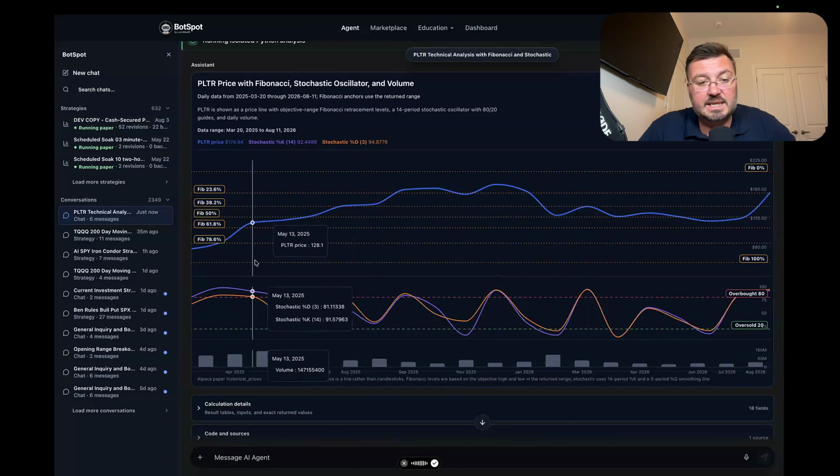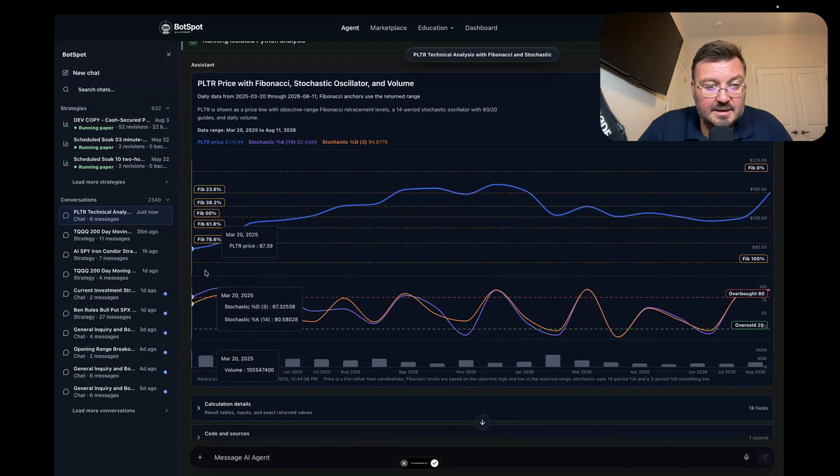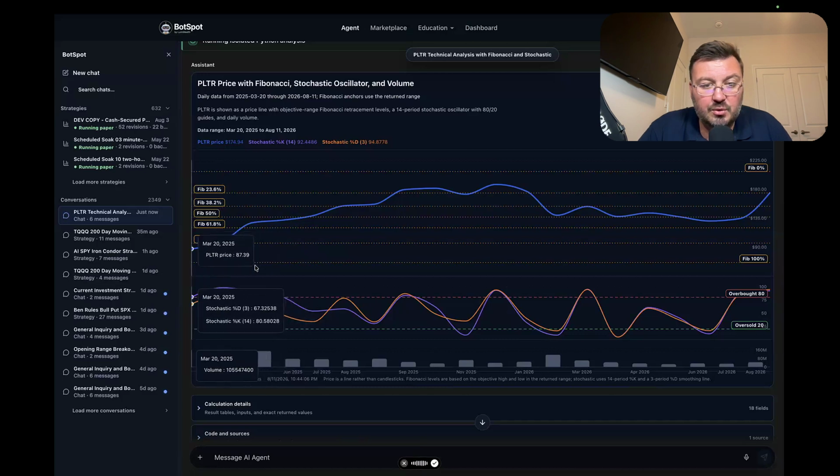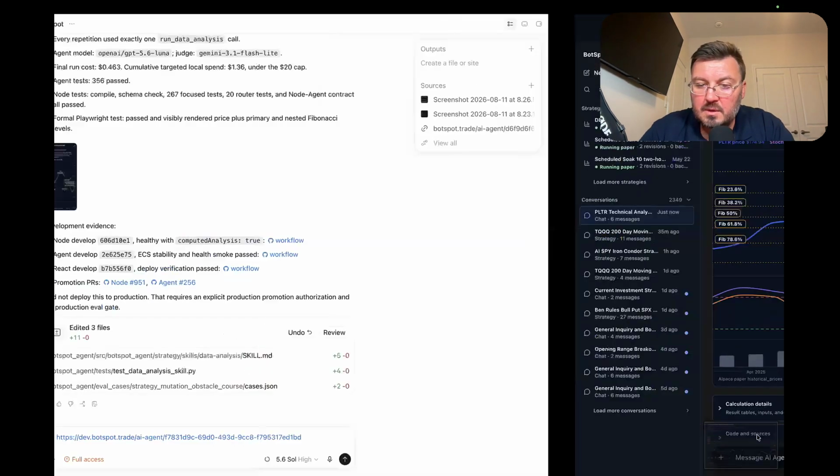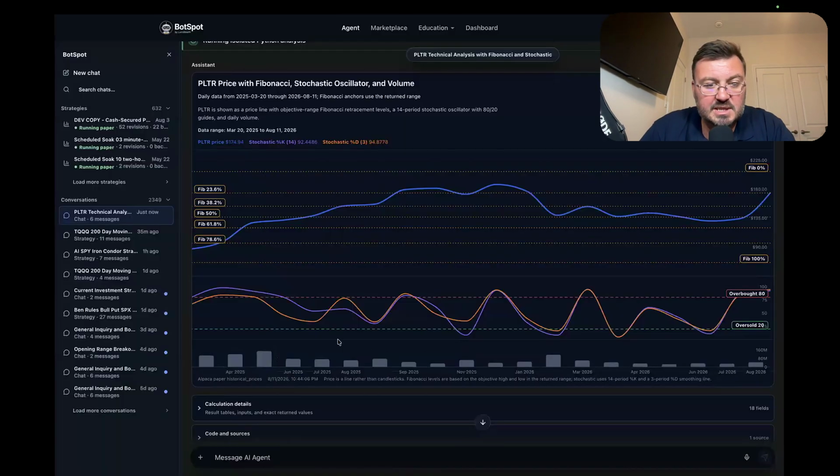Although there's one little detail here in that the volume is not lining up to the rest of the graph, and it's in a pretty specific way.